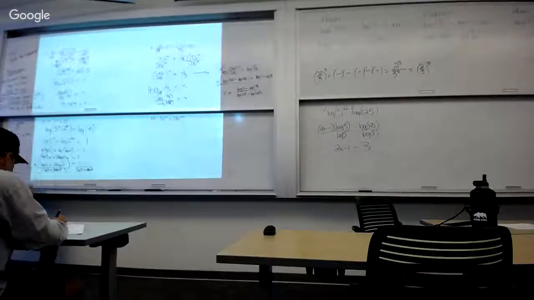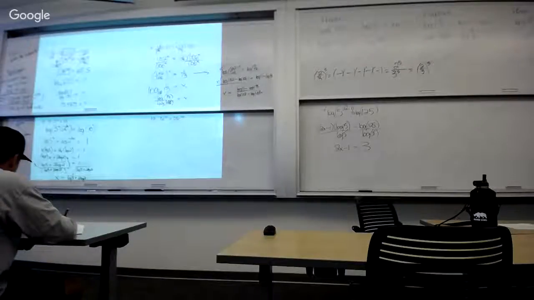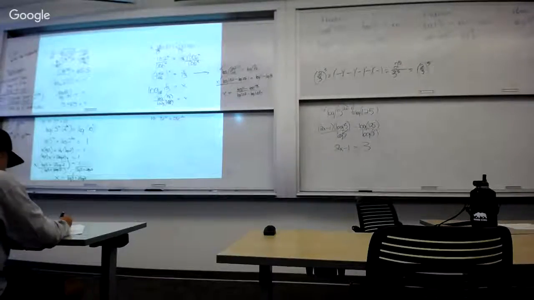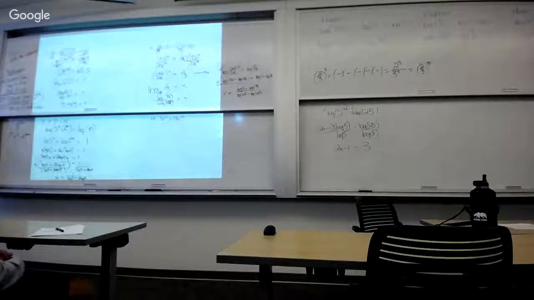And that gives us our answer for x. x equals 1 over log 5 plus 2 log 2. So you type that into your calculator and have your answer.